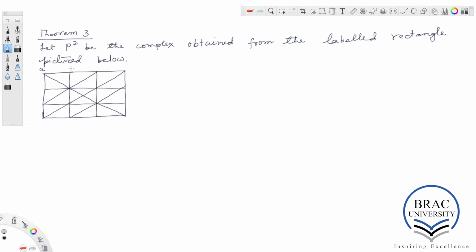So let me label the top edge of this rectangle by A, B, C, D, and the bottom edge by the reverse direction D, C, B, A, and the left edge by A, F, E, D, and the right edge by D, E, F, A. From this labeled rectangle we see that the diametrically opposite points are identified, which is exactly the same as the two disc with opposite points, or antipodal points, being identified.